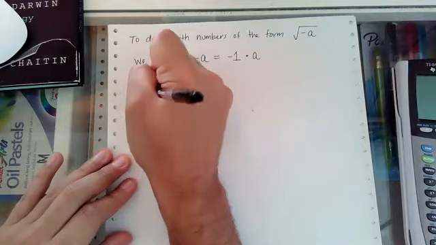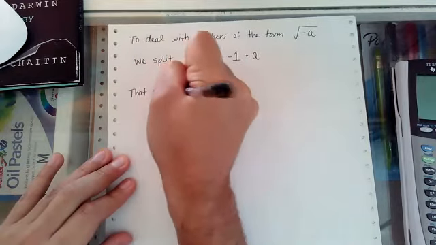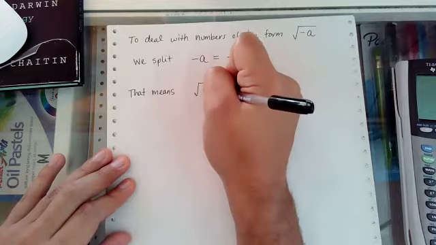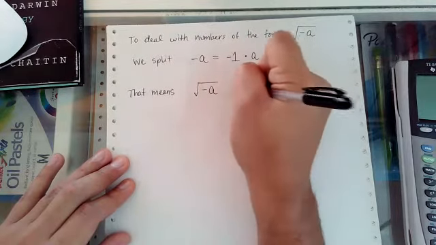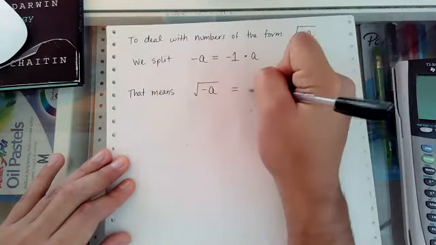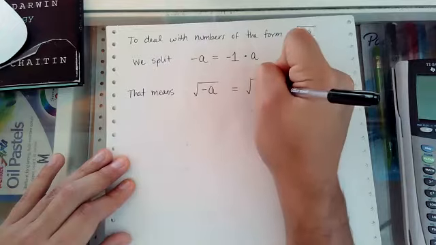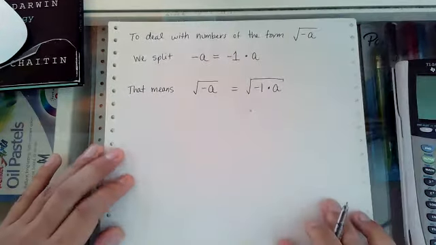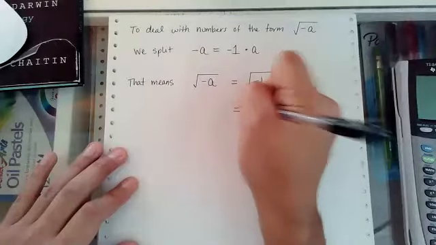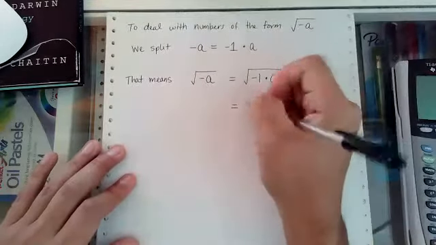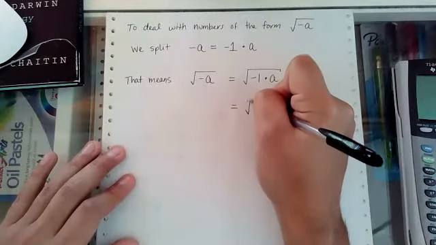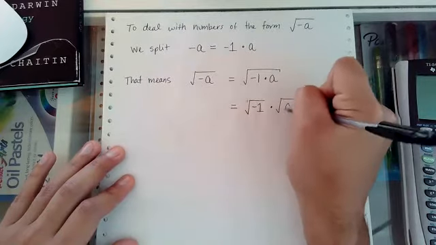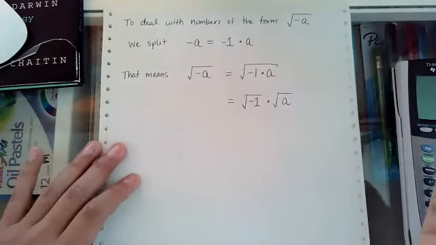So that means that the square root of -a is equal to -1 times a inside the square root. And then by the property of radicals that we saw last time, we can split this radical up and call this the square root of -1 times the square root of a, whatever that number is.